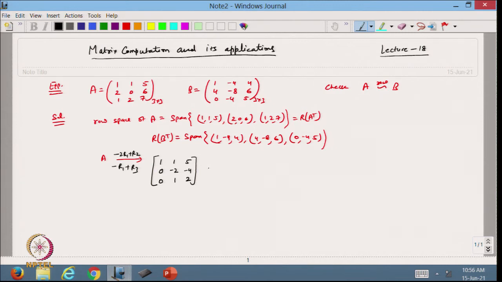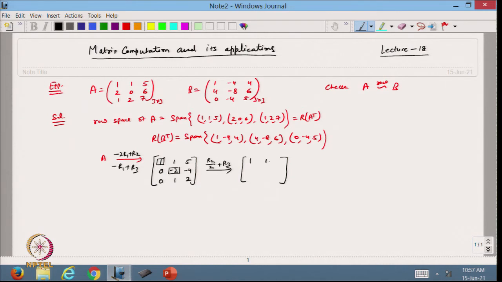Now, this is my pivot element. I want to make this element 0 to get the row echelon form. So, what I am going to do is take R2 divided by 2 and then add to R3.